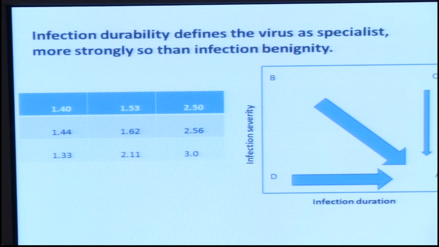So basically, if we have a proper look at the specialist score, we note that the infection duration weighs in much more strongly than infection severity in defining the virus as a specialist.